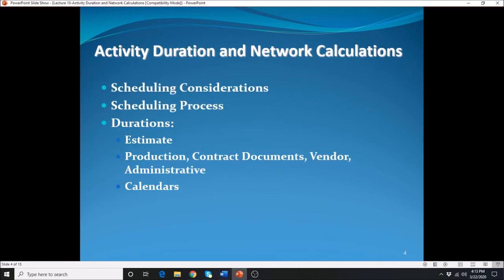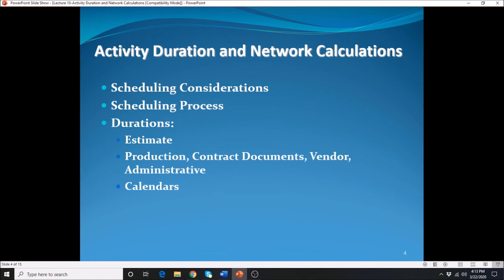Alright, so what are those that you are going to consider for scheduling? Of course, the first thing is the activities included in a given project. The second thing is the durations, that is, how long it will last, or how long it will take to finish a particular task.